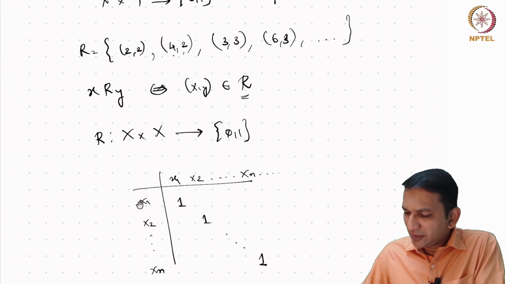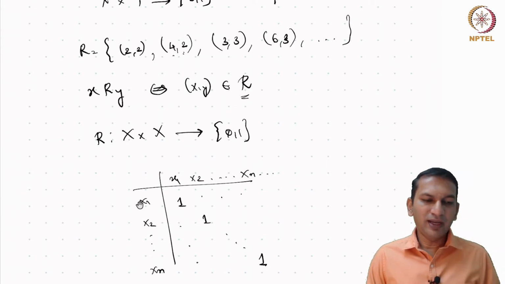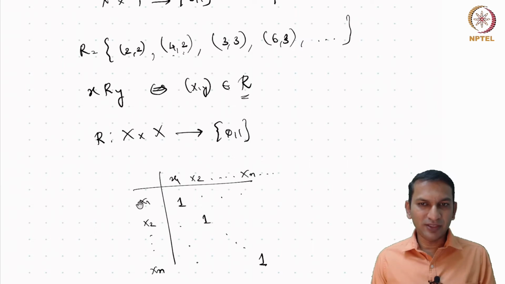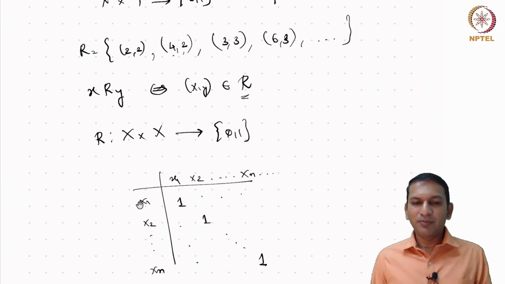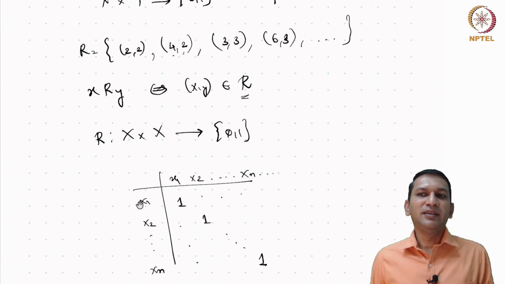Symmetry implies that this matrix is symmetric. Now, what does transitivity mean? Well, it is not immediately obvious from the matrix alone, but we'll try to interpret it and see what is inside the definition of transitivity.